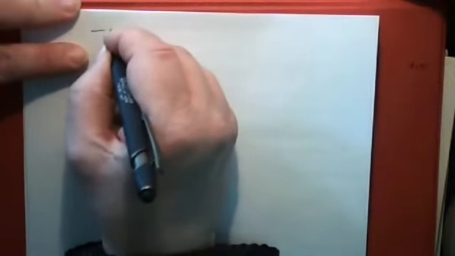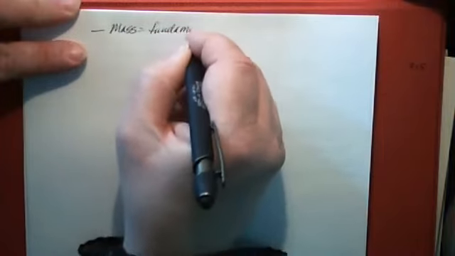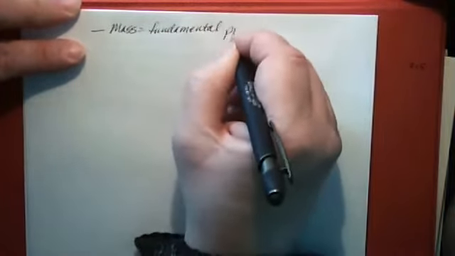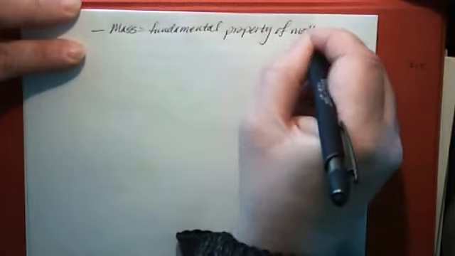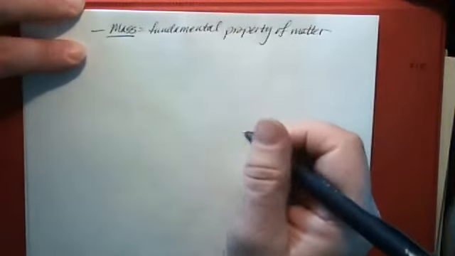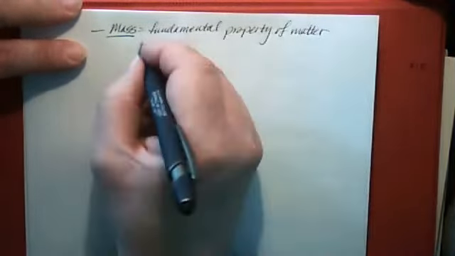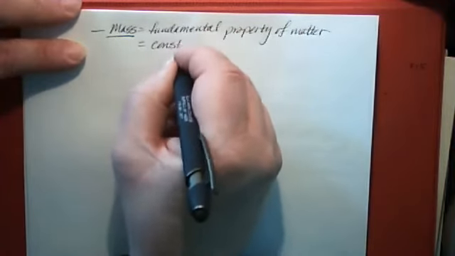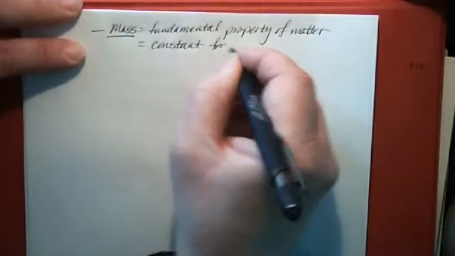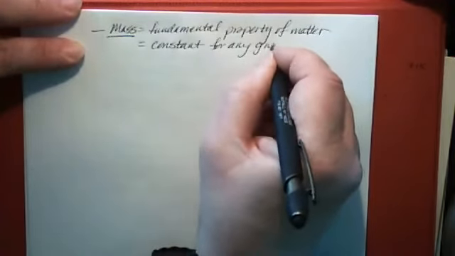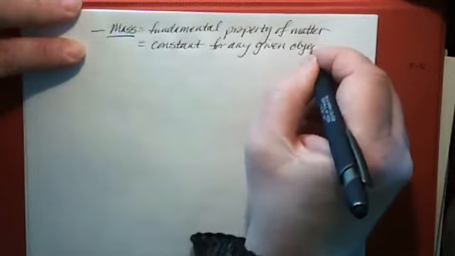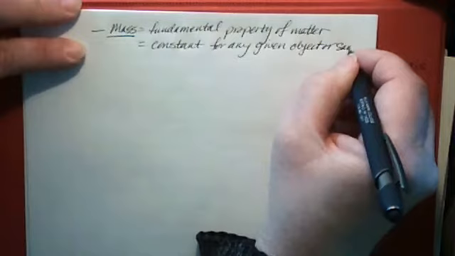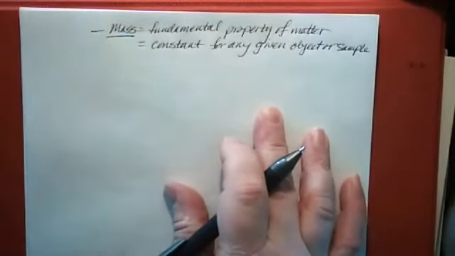So as a reminder, mass is a fundamental property of matter. And mass is a constant for any given object or sample, unless you change the object or sample.